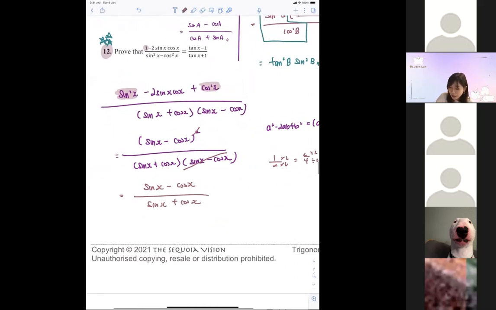So in this case, I want to form tangent. I know tangent is sine over cosine. If cosine divided by cosine, I will get 1. So both sides, I divide by cosine. So you will have tangent x minus 1 over tangent x plus 1. Sine divided by cosine is tangent. You divide by yourself is 1. Shown.